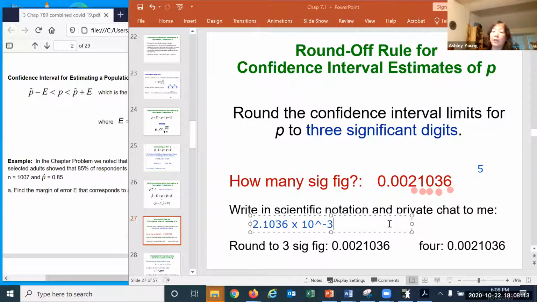In other words, what your calculator would give you would be this: 2.1036 e negative 3. That's what your calculator would give you.